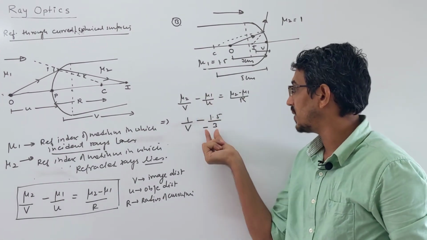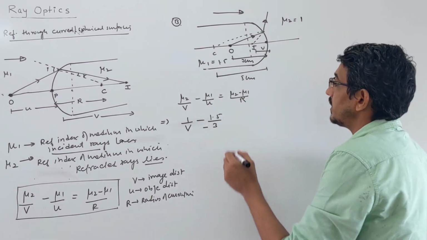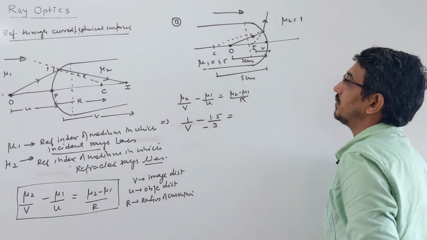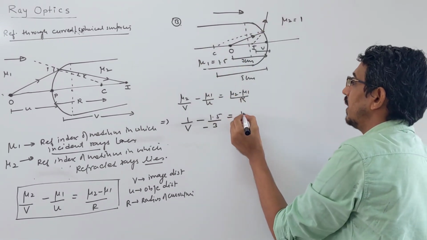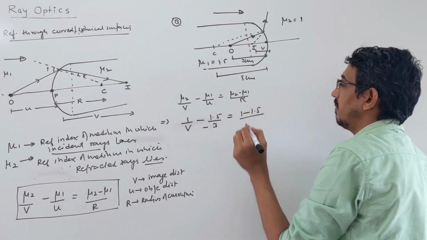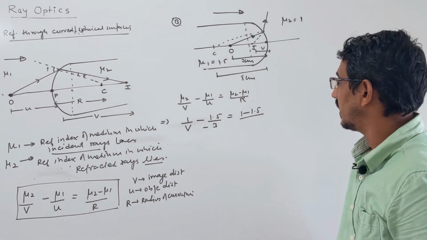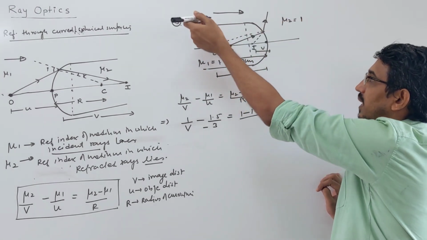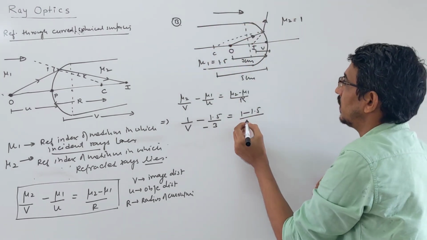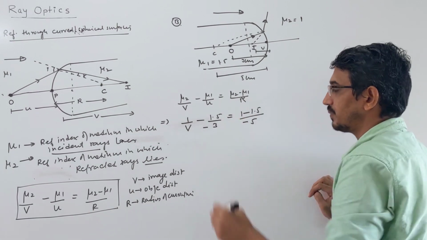We have put the sign convention here, minus, keep in mind, is equal to mu2 minus mu1, that is 1 minus 1.5, divided by the radius of curvature. With sign convention, the radius of curvature is also measured against the light coming that way, so it should also be negative, minus 5.